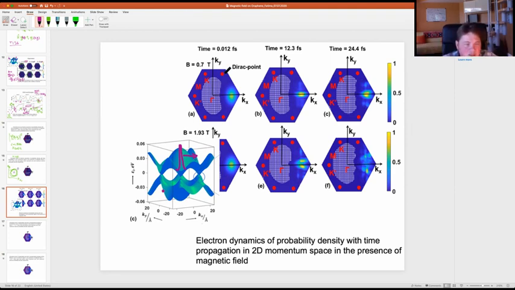But here, when it is inside this minimum, it hits the wall of the Dirac cone and reflects back. So we do create bound states.